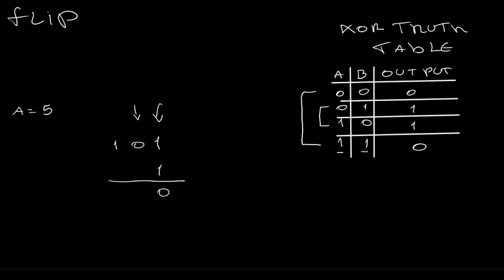I also can perform an XOR operation passing the value 1, and now I have 0 and 1. If we look at the table, if I have 0 and 1, I have the value 1 in the output. The same way with the last bit, if I have 1 and 1, I have 0.